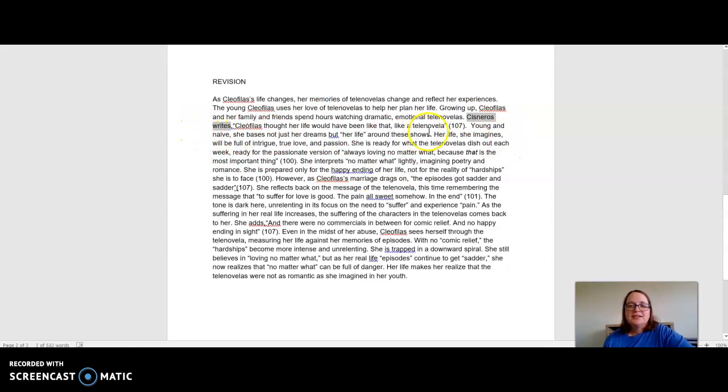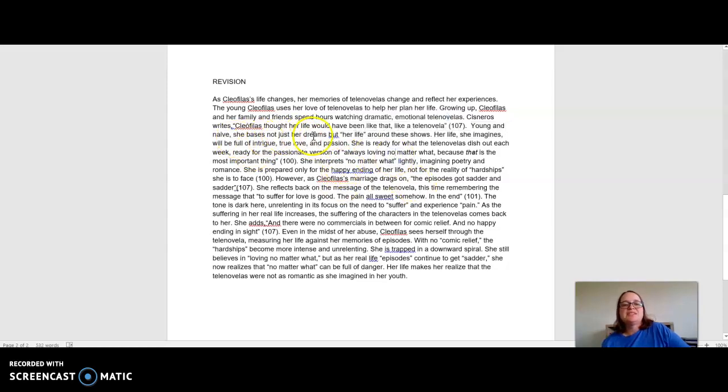Cisneros writes. This is a third-person narrative, so it's harder. You can't necessarily say Cleophilas says unless it's dialogue, because it's third person. Cleophilas thought her life would have been like that, like a telenovela. So we put the quote here, but then we also have some close reading. And part of that is looking at the quote, thinking through the tone, the word choice, the language, and you see that here.